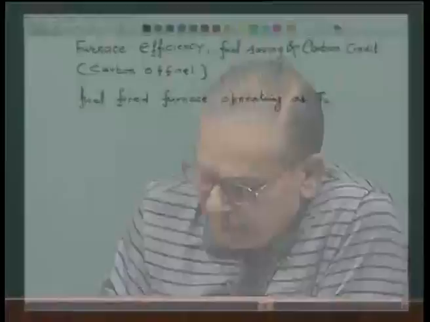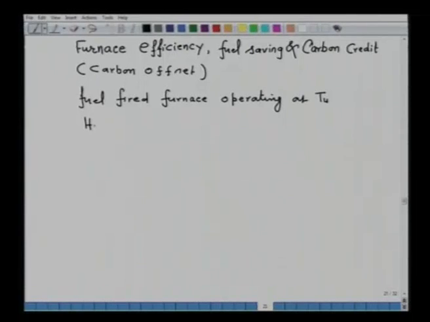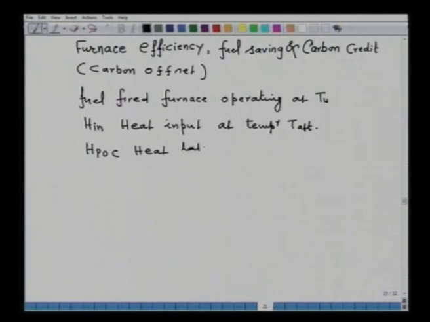So, let us take H in is the heat input, at temperature TAFT, which is the adiabatic flame temperature. Let us take HPOC is the heat taken by products of combustion on exit.